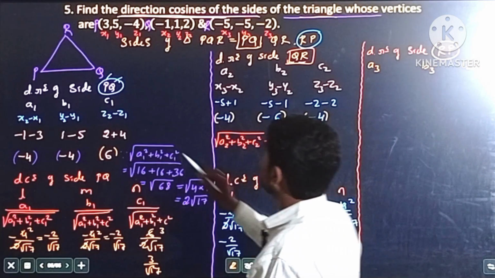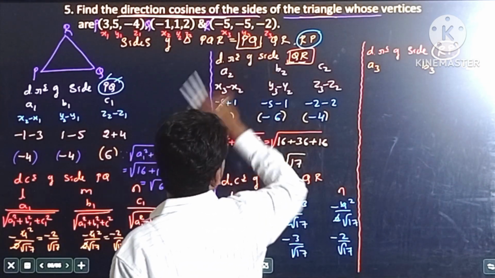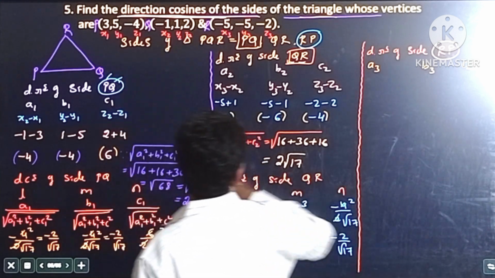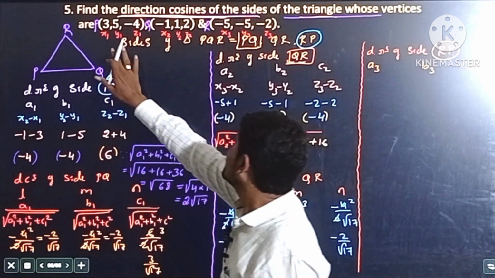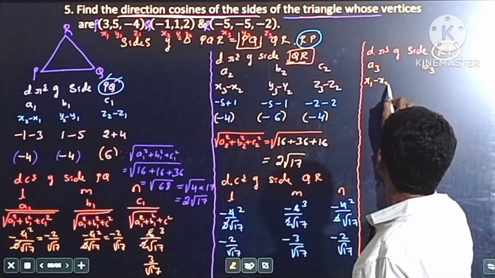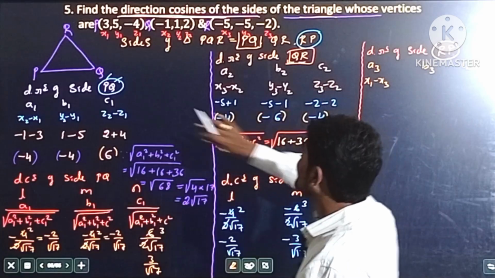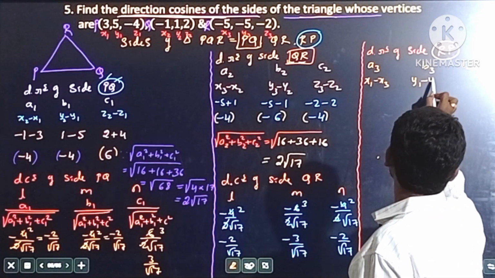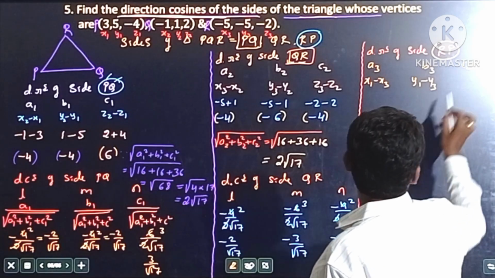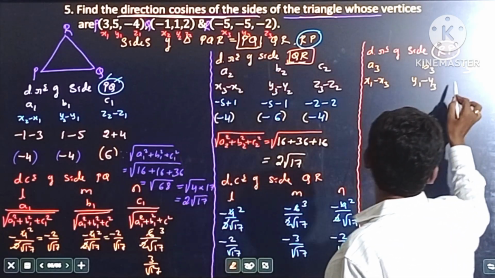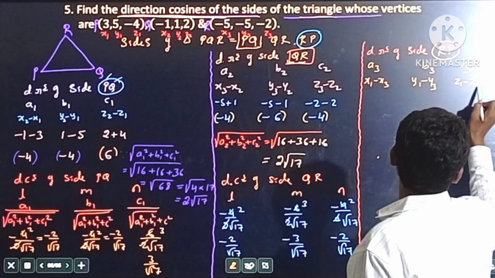where the coordinates of the point R are x3, y3, z3 and the coordinates of the point P are x1, y1, z1. Definitely a3 is equal to x1 minus x3, and the value of b3 is y1 minus y3, and the value of c3 is z1 minus z3.